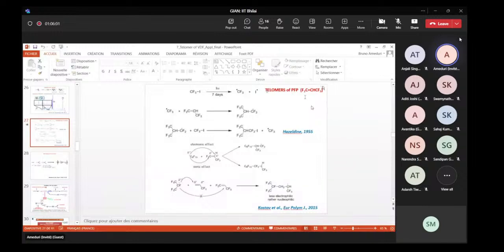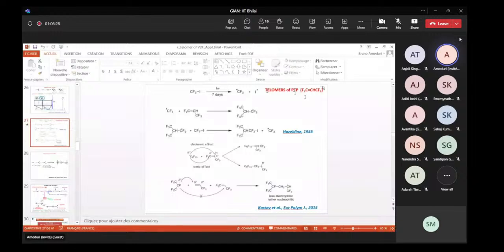It was used maybe 50 years ago to try to compete with copolymers of VDF and HFP. But because of the price of PFP, linked mainly to the small production compared to that of HFP, they gave up the strategy to propose elastomers based on VDF and PFP.